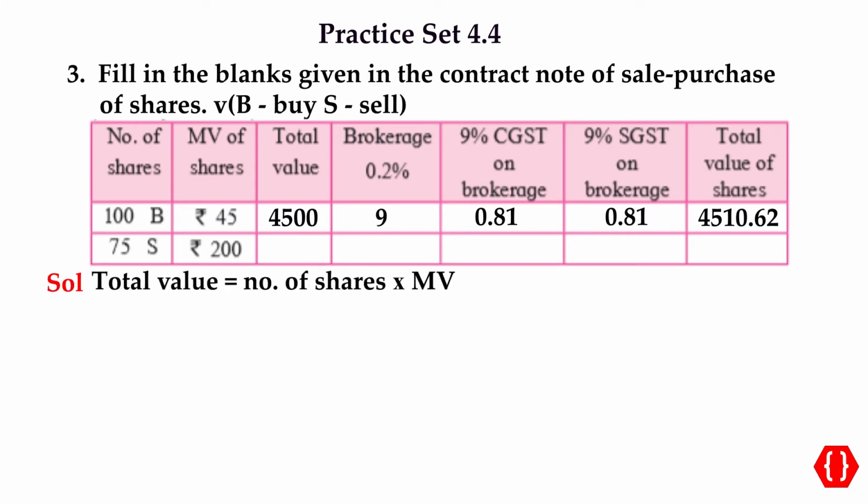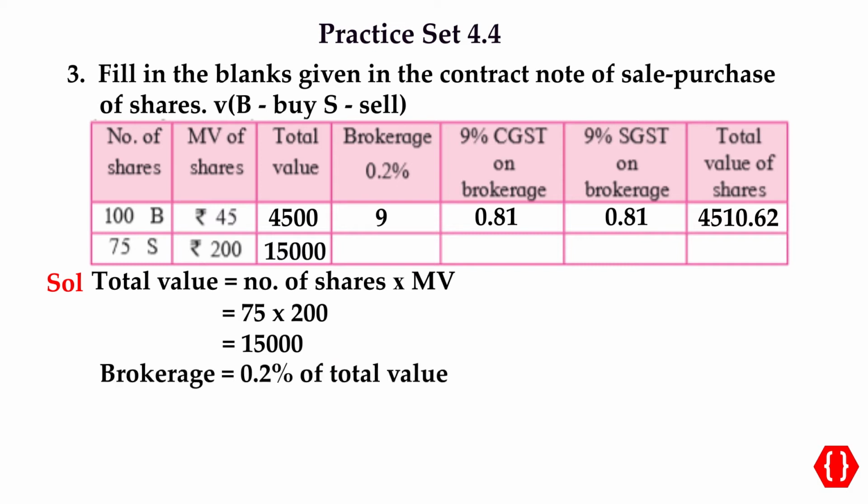Let's solve the second one. Number of shares sold is 75 and the market value of shares is 200 rupees. Now what is the total value of these shares? We multiply number of shares into market value, that is, we get 15,000. Now the brokerage is 0.2%.